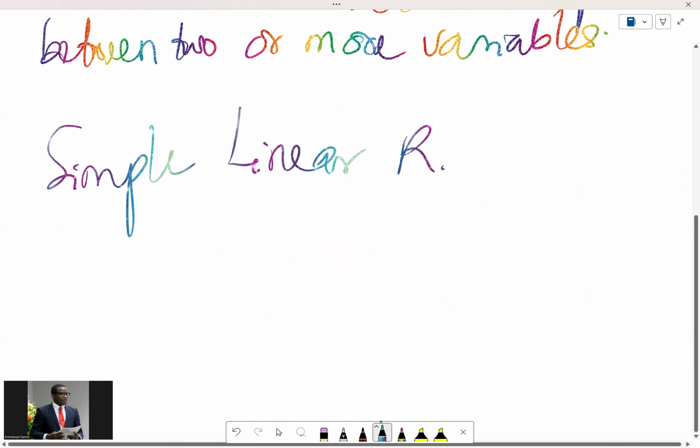So we can have y cap equals beta naught plus b1 x.